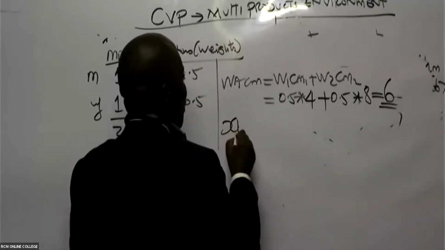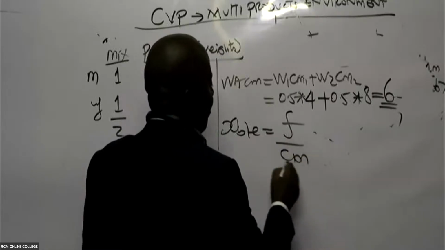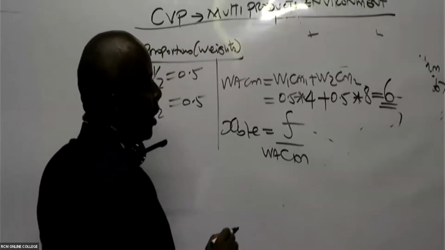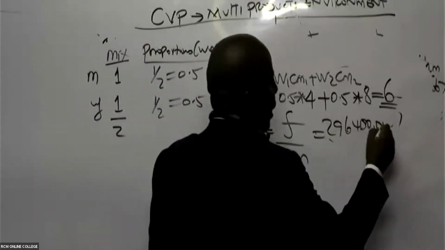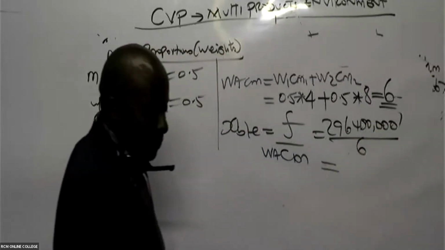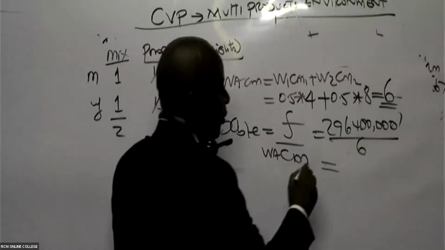And therefore, X break-even will be total fixed cost over CM. Because there are multiple products, WACM. The total fixed cost you had given me, 296,400,000, over these 6, gave you guys 49,400.